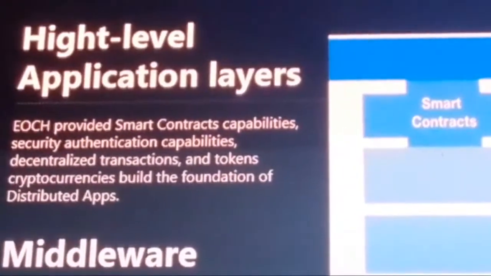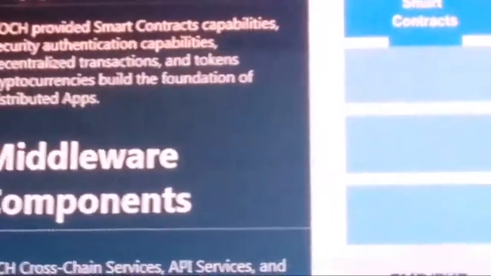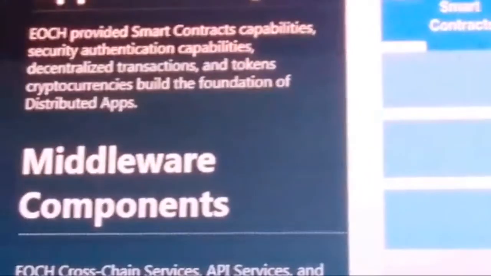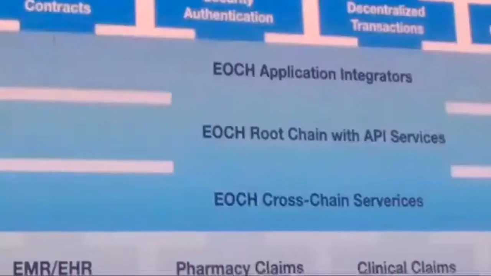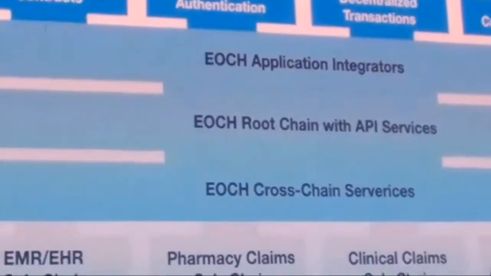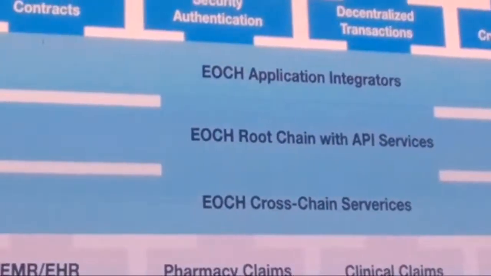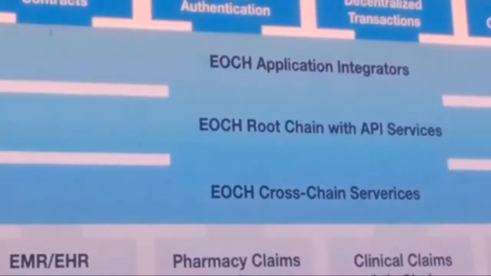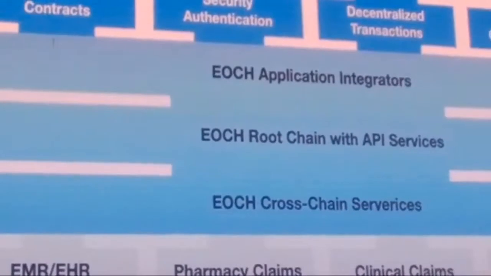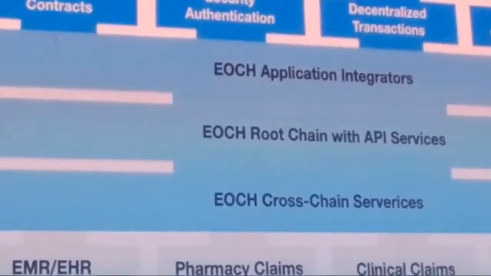All these build the foundation of the distributed apps. If you look at the middleware, we have the API and some application integrators. Down here, we have different subchains working: electronic medical record, pharmacy claim, clinical claims, and others. So this is the architecture.